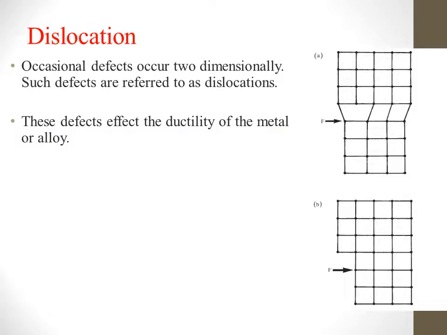Now, an important thing is that there are defects that occur naturally within the crystalline structure, and they are called dislocations. If you can see from the arrows, these are the points from which the atoms can easily move, and these are the reason why metal is known to be ductile.